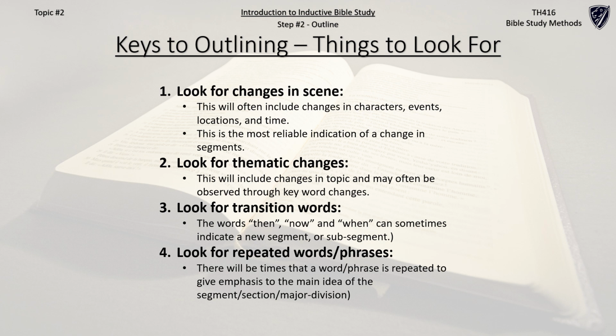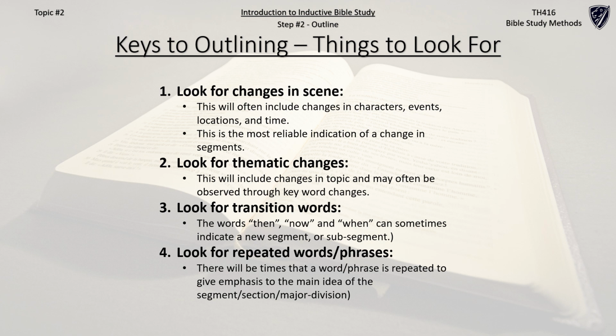He's talking about himself. Then, when you get to chapter 8, it's mostly focused on the Holy Spirit, and so you start to see by these repeated words or phrases that there's a different focus in chapter 8 than there was in chapter 7, and so sometimes repeated words or phrases will give you an idea.